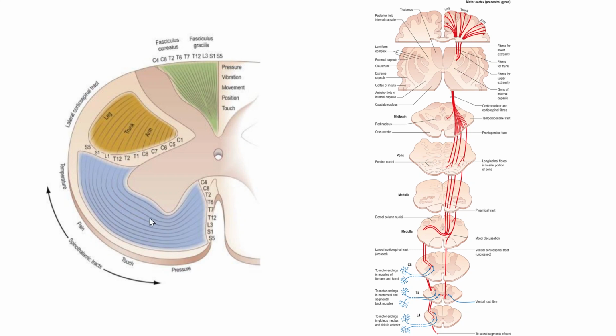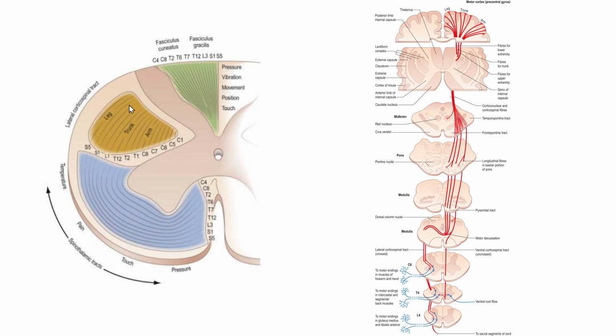And we also know, with respect to the spinothalamic system, ignoring its separation into the different modalities, that upper portions of the body are represented deepest or most medially, whilst lower portions of the body are represented superficially or most laterally.